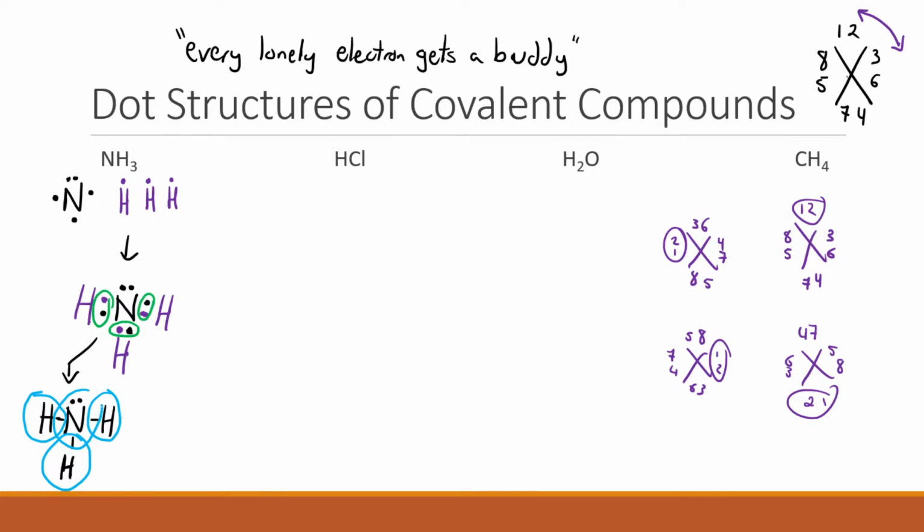When we get to the nitrogen, now we have 3 bonds touching it, so 6 electrons, plus the 2 that were unbonded, making a total of 8 touching the nitrogen. All right, 2 from this bond, 4, 6, 7, 8.